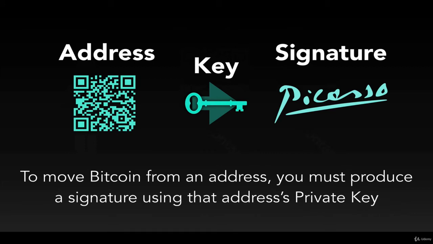Right. Well, otherwise, anybody could see that, oh, this address, whoever owns it, has 10 Bitcoin in it. Why don't I just make a transaction from that address to myself, for example, or to some person I owe money to? The only thing standing in the way of that is that Montana has to produce the valid signature, has to basically use the private key that she's been keeping secret this whole time, or her wallet app has been holding on to, to prove that she actually owns it.